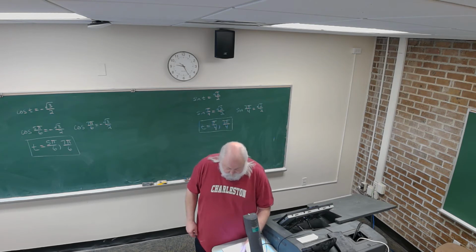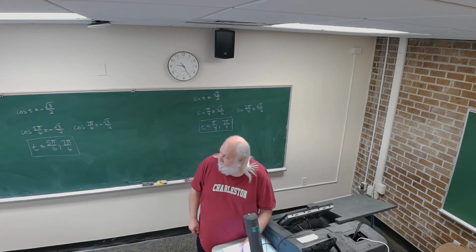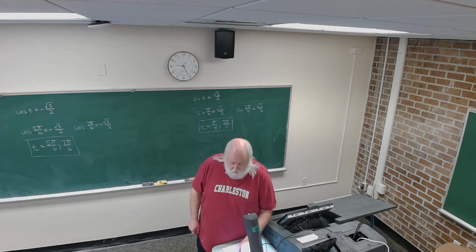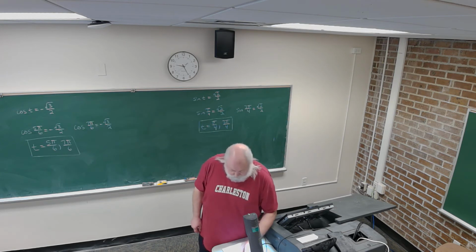Remember, x and y in the previous section are the x coordinate and the y coordinate for a point on the unit circle. A unit circle is a circle of radius 1 and has its center at the origin.